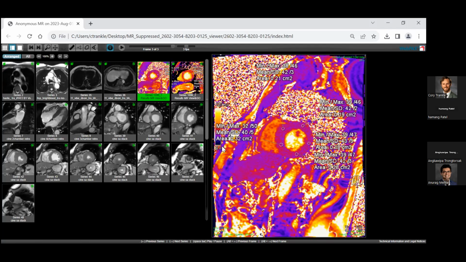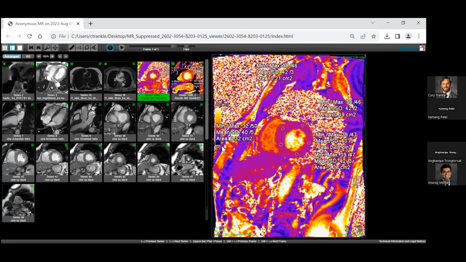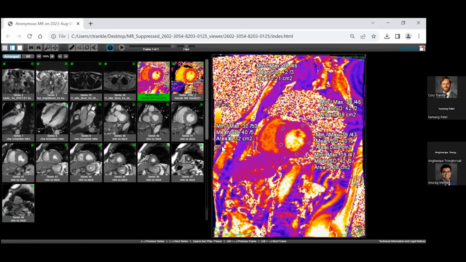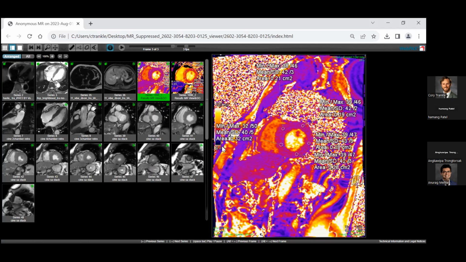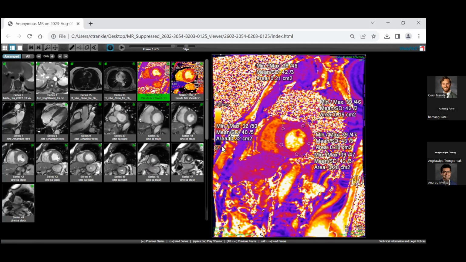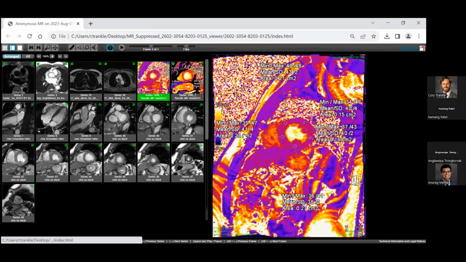This is a T2 map where each pixel represents the T2 value in color. The number in milliseconds has been transferred to a color scale, and they've shown you the color scale in this vertical bar on the left.